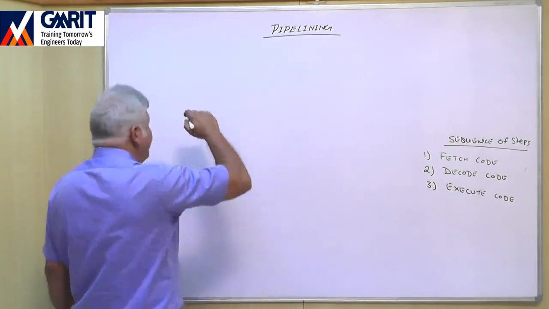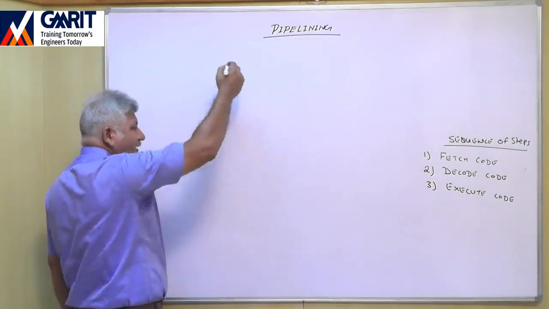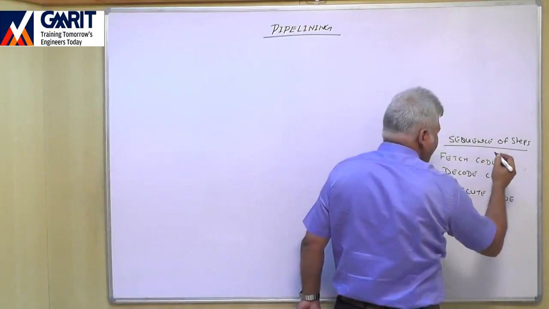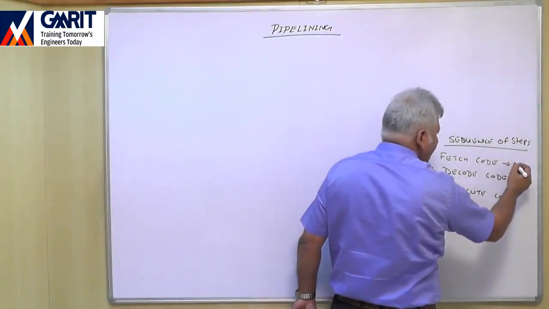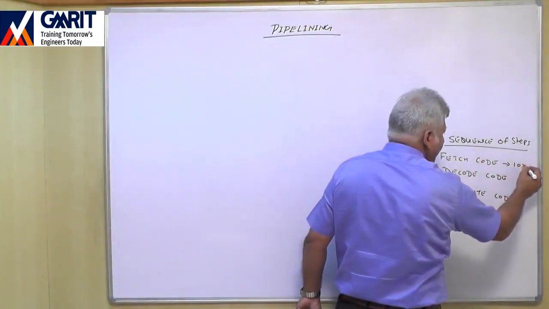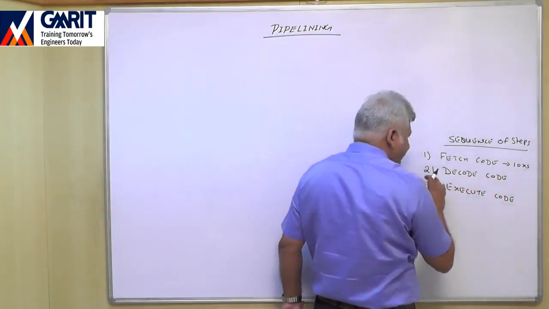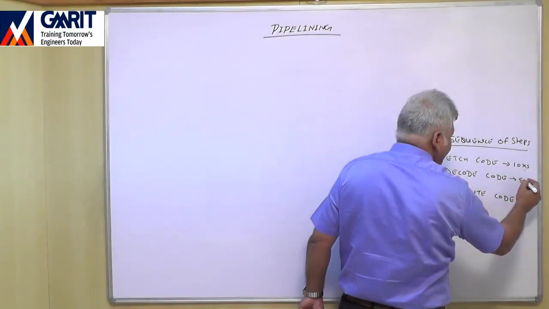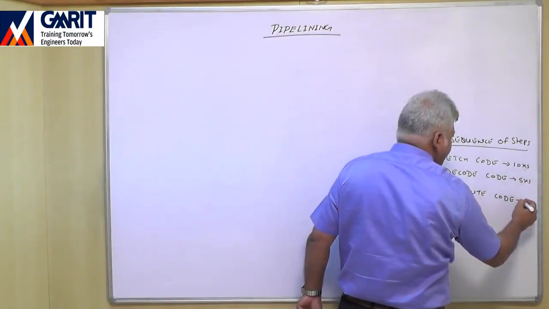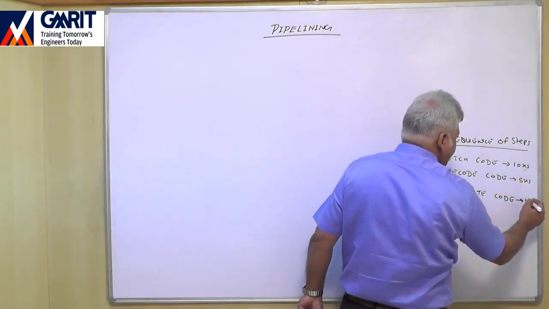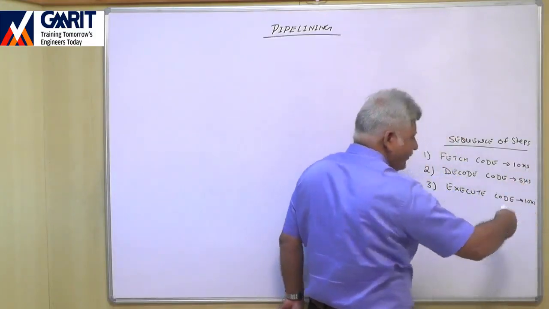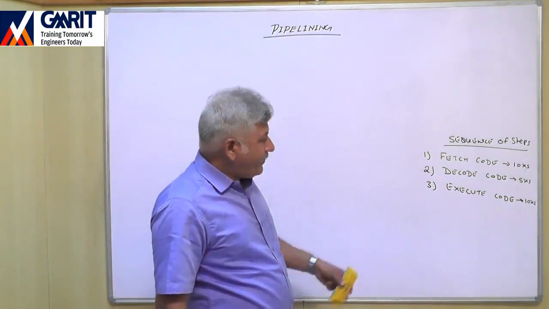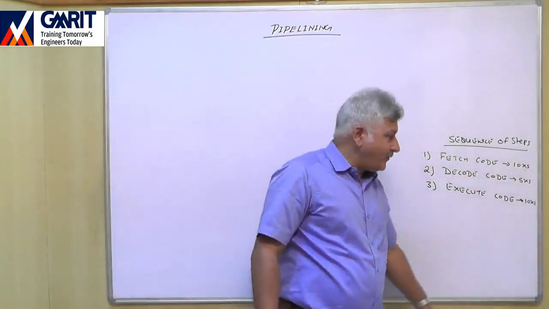Let us assume that for fetching the code the processor requires 10 microseconds, for decoding it requires 5 microseconds, and for execution it requires 10 microseconds. Just for an example, to understand the concept, I have taken these timings.